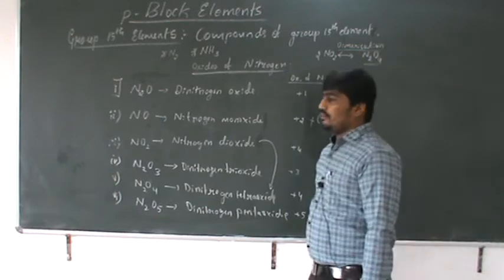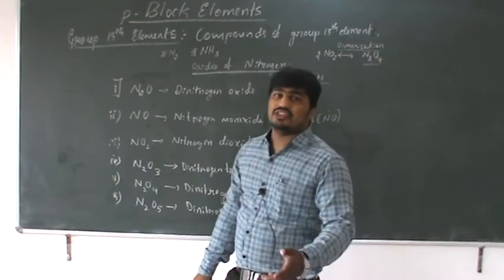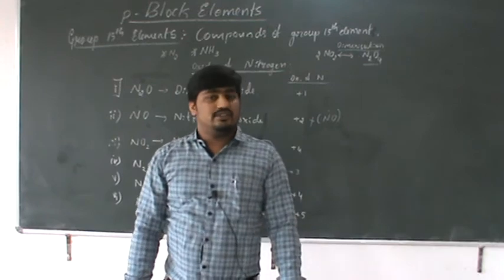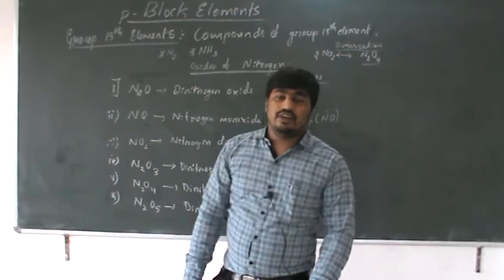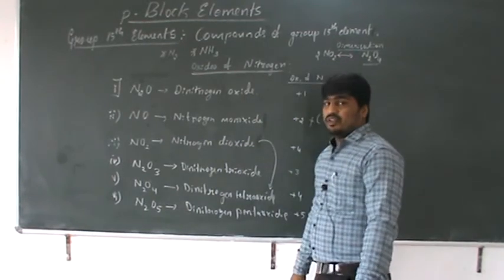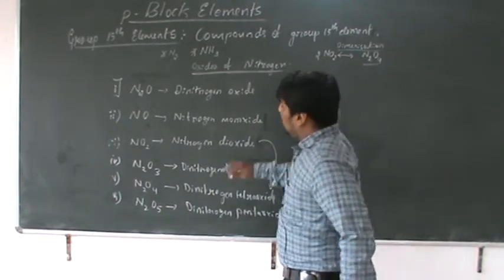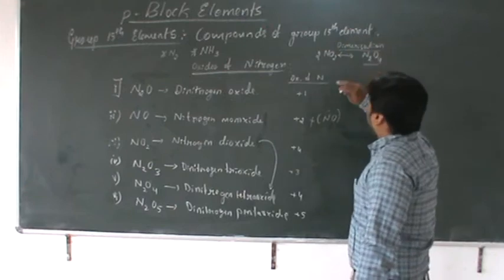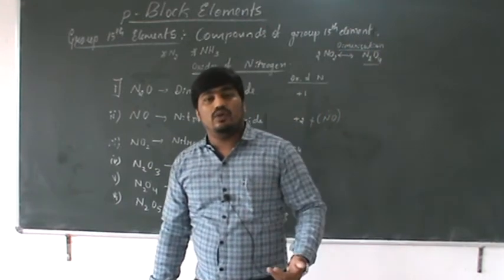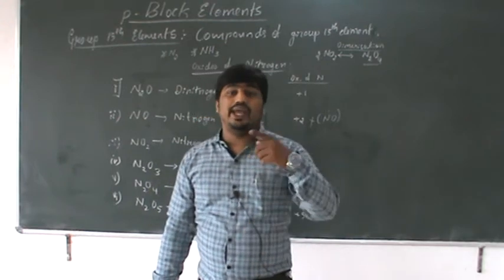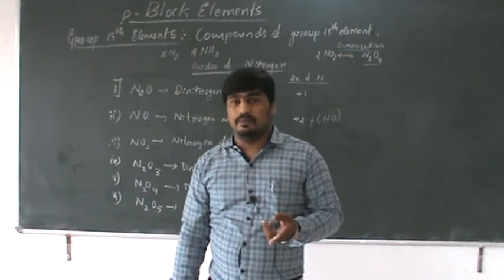What happened in this case? Dimerization is observed. You have studied the same thing in the first year, in the case of borane. Borane undergoes dimerization to give diborane. Diborane is more stable.